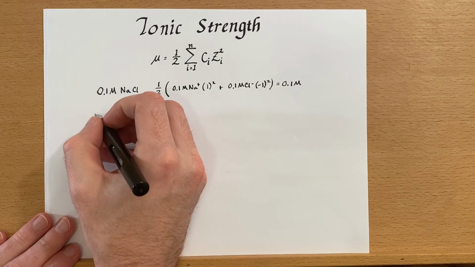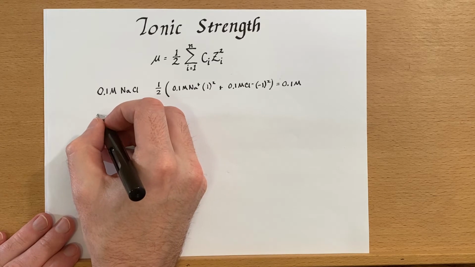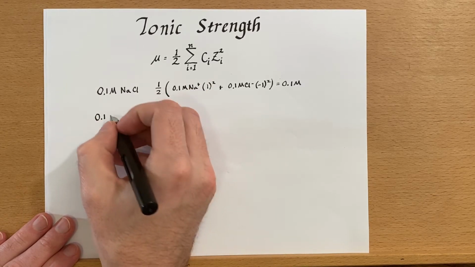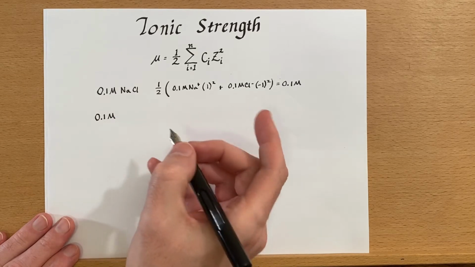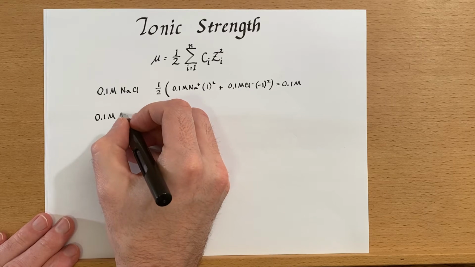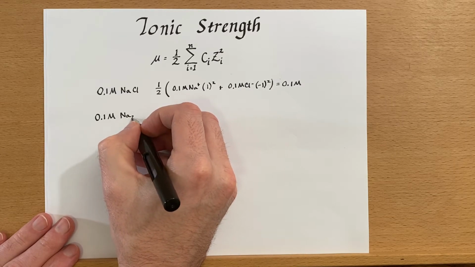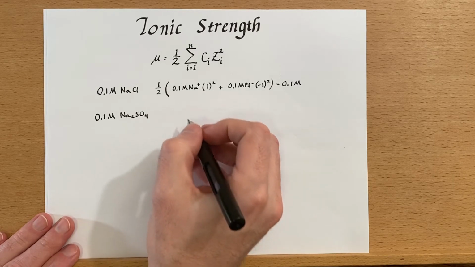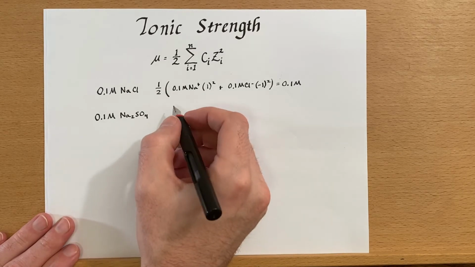Now let's look at something a little bit more complicated. Let's see what happens when we have an ion that's not just a charge of 1 or -1. Let's look at sodium sulfate. Still 0.1 molar.